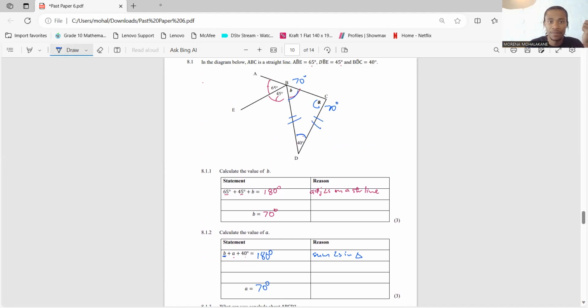This is a nice thing about geometry. I want to show you something.